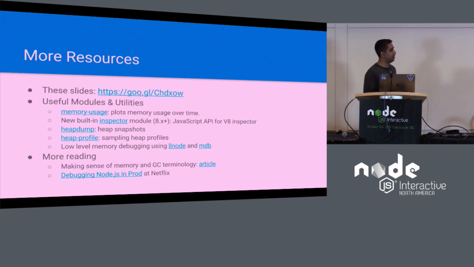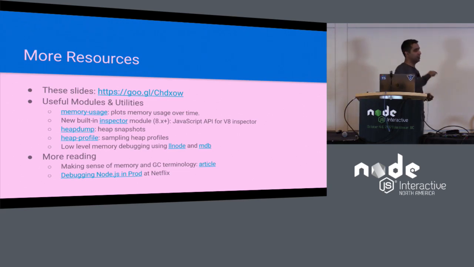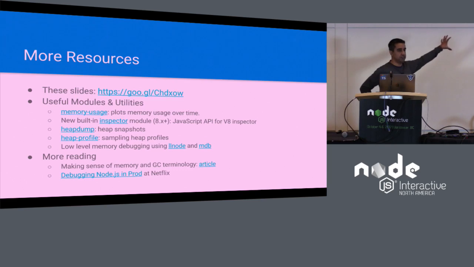Memory usage, I mentioned already, gives you a plot of memory usage of your application. Yang, in the previous talk, showed you that there is a new inspector module built into Node core that can give you access to the JavaScript API for inspector. All of these tools that I showed you, all the snapshots, allocation profiler, and the sampling heap profiler, are available through that.